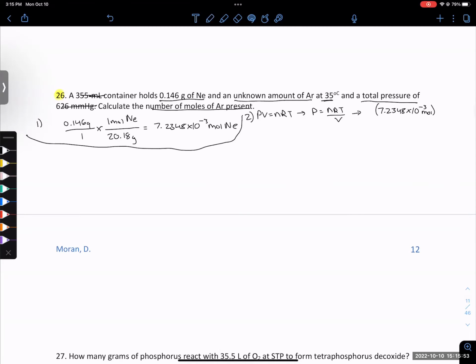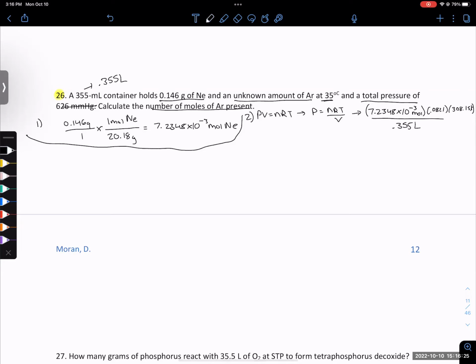Now we're going to multiply that by 0.0821, the ideal gas constant. Then we multiply by the temperature, which is 308.15 Kelvin. And we divide that by the volume of the container, which is 355 milliliters, but we know that is the same as 0.355 liters.